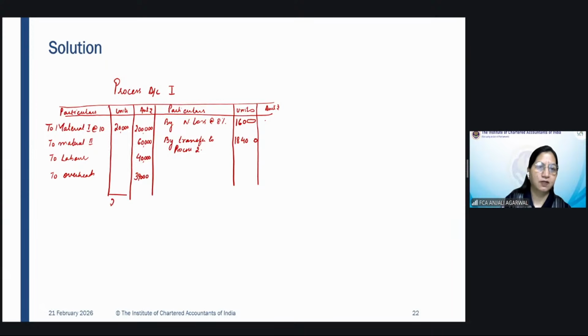Once again, the total of the units tally because no abnormal loss, abnormal gain. And the total of amount will also tally. So it is 3,39,000. So by transfer to process 2, 18,400 units at 3,39,000.